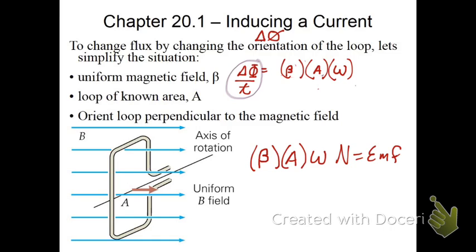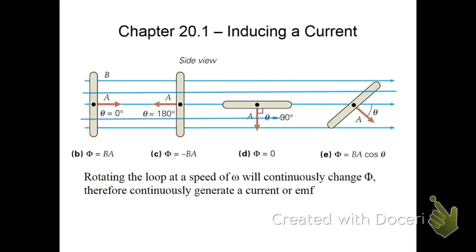The reason we're concentrating on this is that changing this orientation is accomplished very easily by spinning the loop in a uniform magnetic field. Let's look at the orientation from 1 to 2.